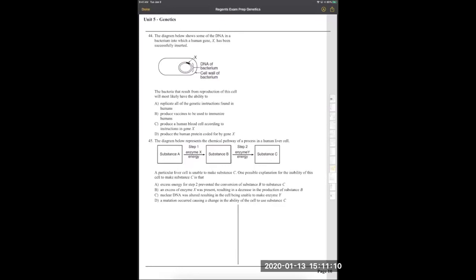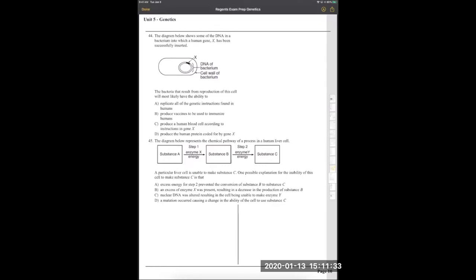I don't see anything that talks about vaccines here. C, produce a human blood cell according to instructions in gene X. We don't know if gene X is a human blood cell or if it does contain human blood cell instructions.